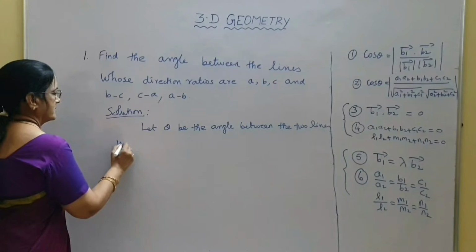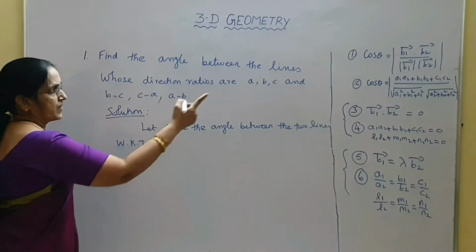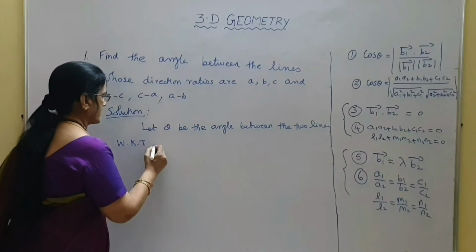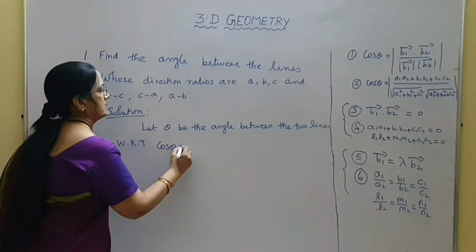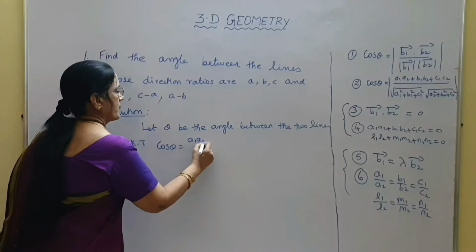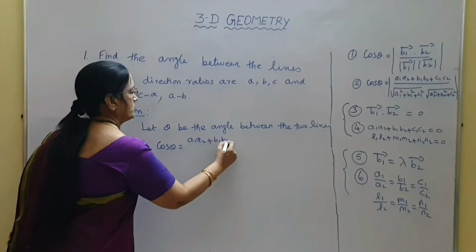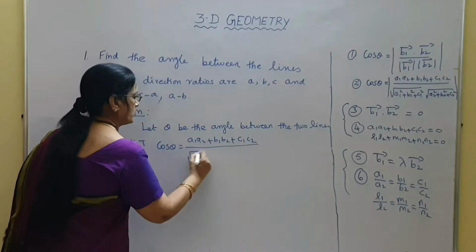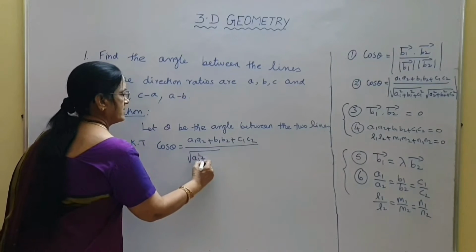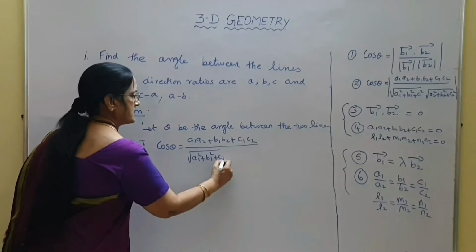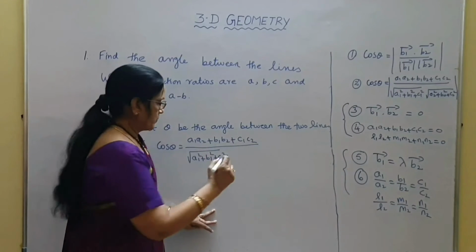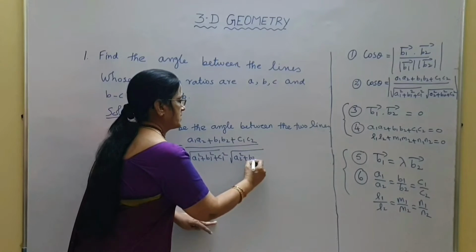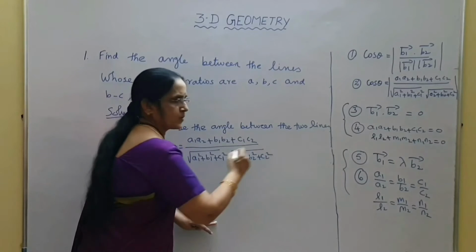We know that, what is the formula? Always you have to write the formula first. Cos theta is equal to a1 a2 plus b1 b2 plus c1 c2 divided by square root of a1 square plus b1 square plus c1 square into square root of a2 square plus b2 square plus c2 square.